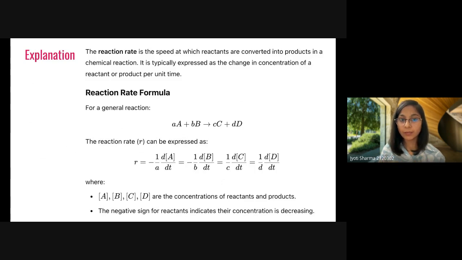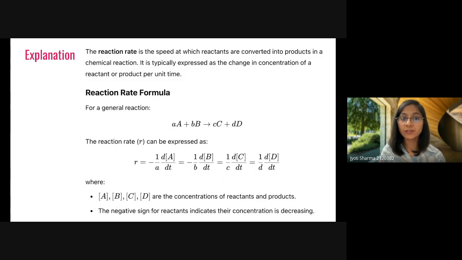So the unit will be concentration in molarity, per unit time. This may be second, minute, or hour. So the unit for the reaction rate will be molarity per second, molarity per minute, molarity per hour. You can change the unit of time, and based on that you can tell the unit of the reaction rate.